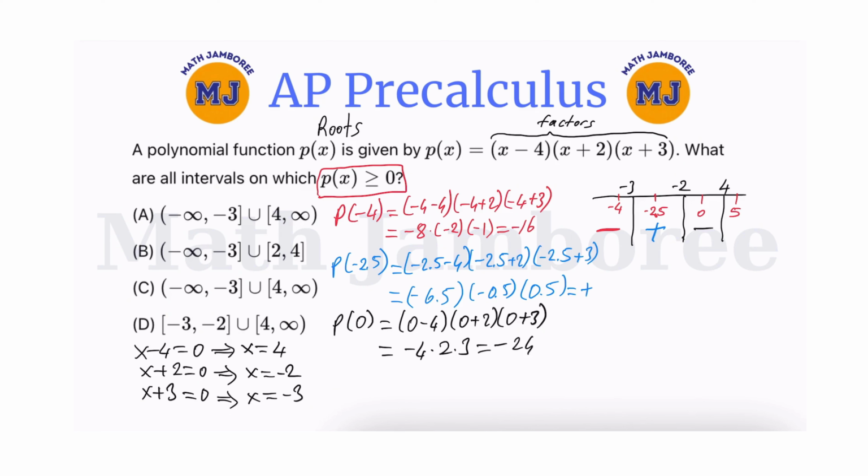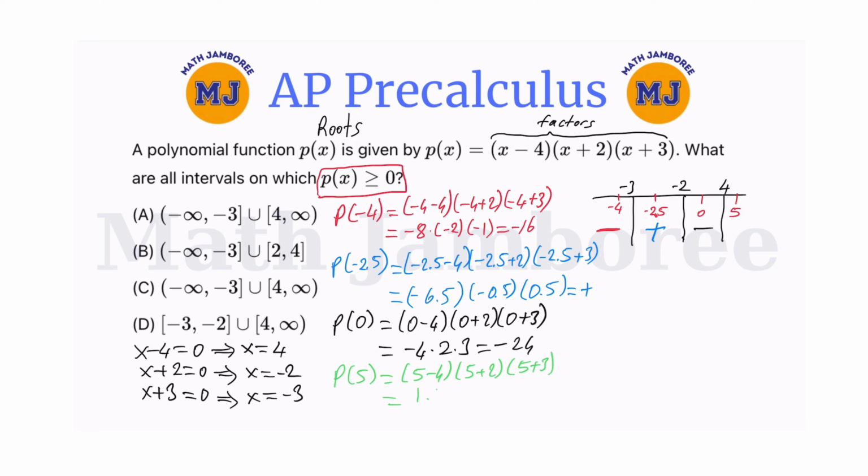The last one is p of 5. So now we're going to substitute 5 for the x. This becomes 5 minus 4, 5 plus 2, 5 plus 3.